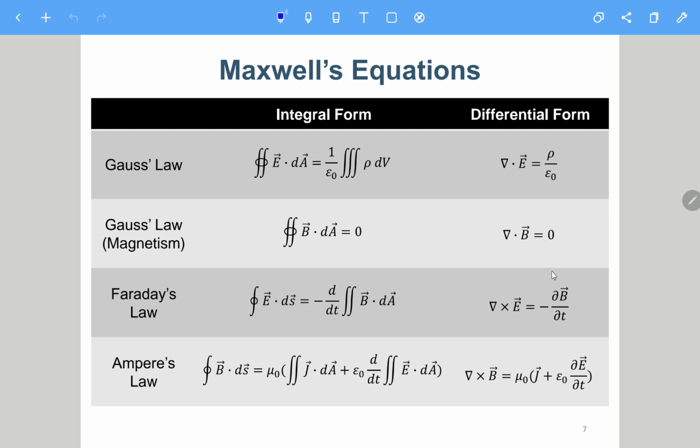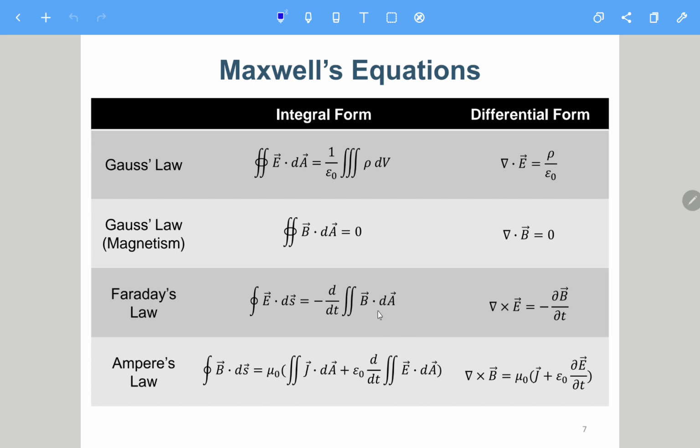Actually, we need to use a partial derivative here rather than the original differential. Because for this case, B dot dA becomes a scalar, so here we can just take the ordinary derivative, but here B is a function of x, y, z, and t. So we need to take the partial derivative.